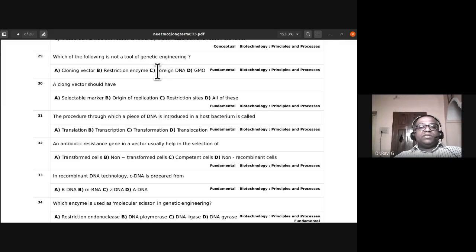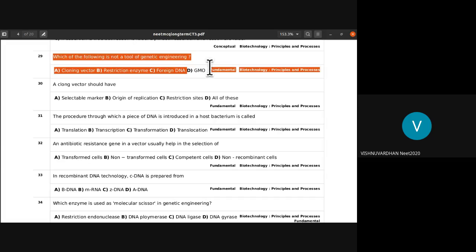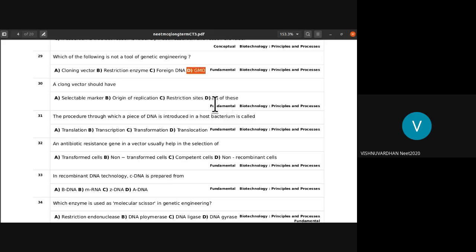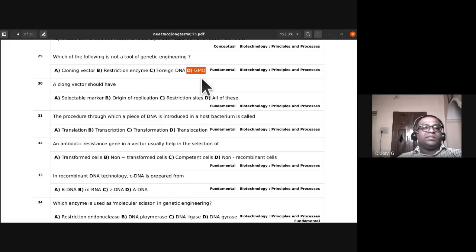Which of the following is not a tool of genetic engineering? It's very easy for you to identify. Which of the following is not a tool of genetic engineering? D, sir. Genetically modified organism is not a tool of genetic engineering. This is clone vector.